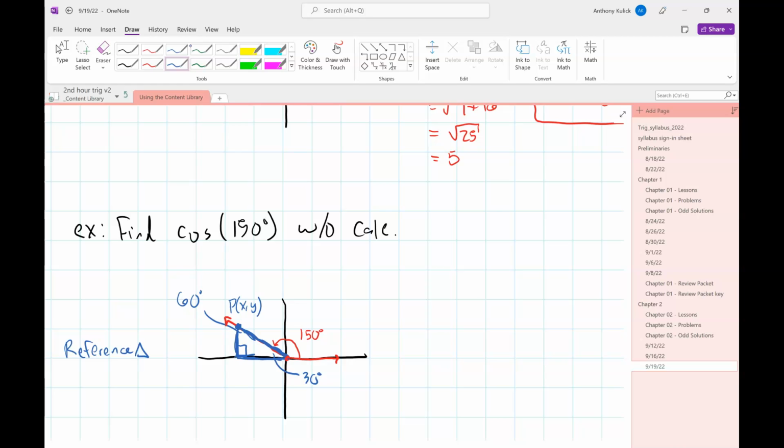Everybody's cool with that? So what I notice I have here is a 30, 60, 90 special right triangle. Any of these problems where we ask you to not use your calculator and you're not given much other than an angle measure, you're going to end up with a 30, 60, 90 or 45, 45, 90 triangle almost every time.